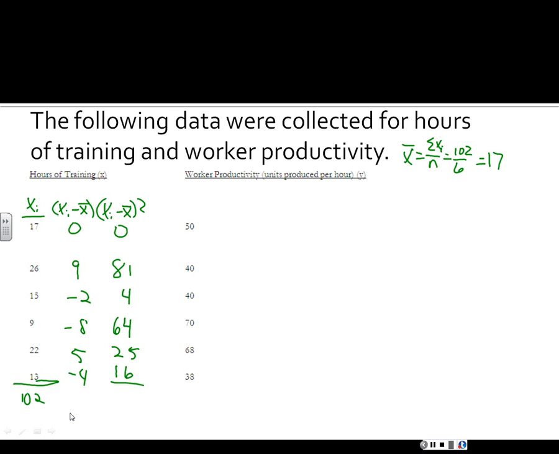You get 190 for that. So Sx is equal to, and this time, standard deviation, so you do take the square root. Six numbers there, so n minus 1. And I got 6.16.